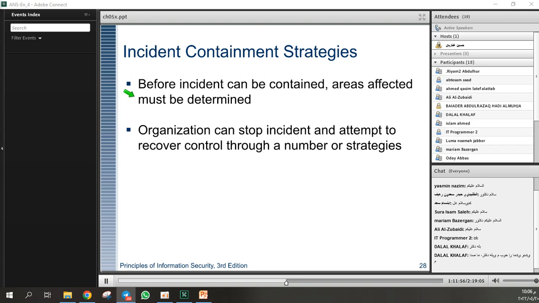Answering this question is very important. Why? Because when the IR team tries to stop an incident, mitigate it, or recover, applying the recovery control, this information, the area affected by that incident, is very important.